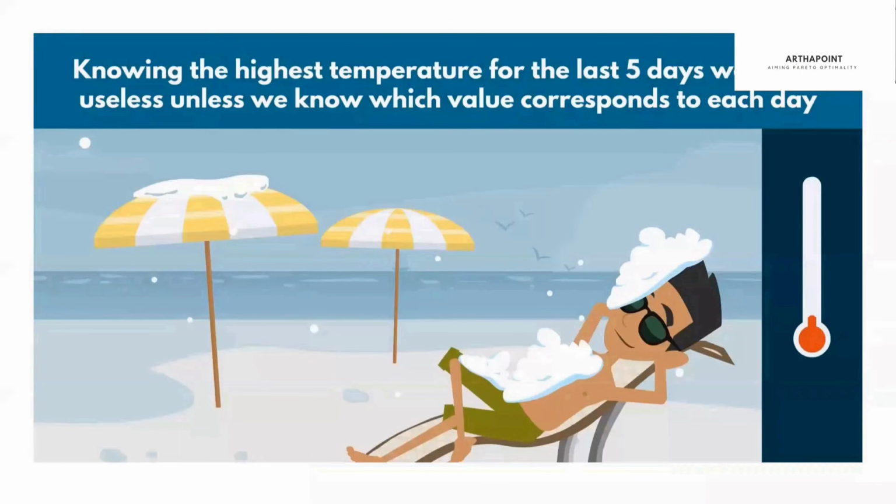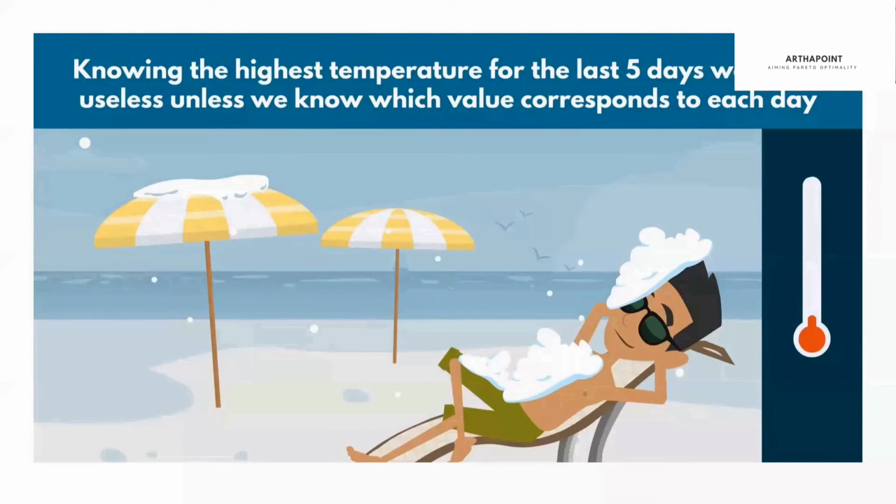Now, suppose I want to visit a beach. Then I want to predict what will be the weather tomorrow. Suppose I give you the weather of the past five days, but I don't tell you what temperature was on what date. I tell you one day it was 40 degrees, 38 degrees, 30 degrees, 28 degrees, 42 degrees, but I don't tell you which temperature was on which date.